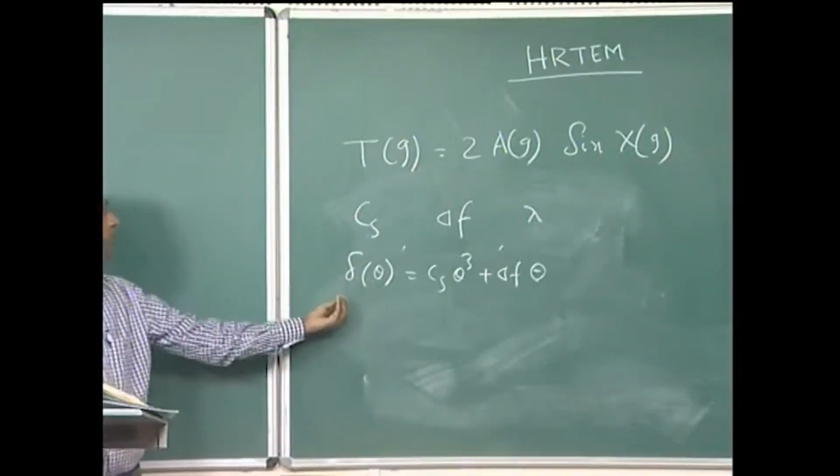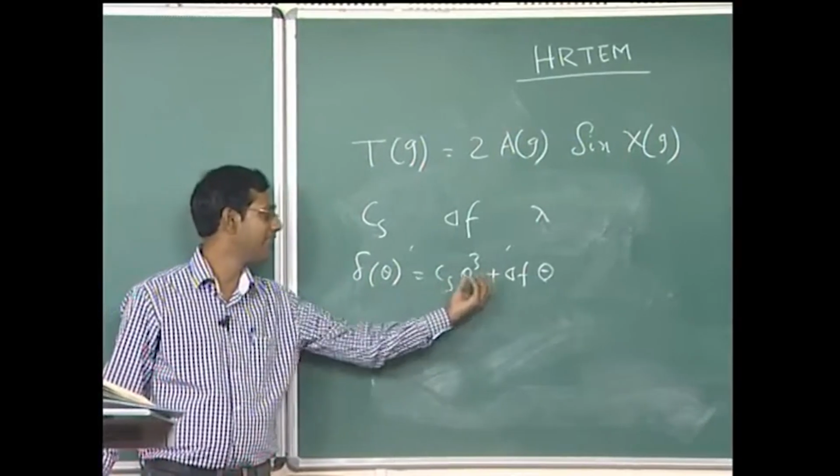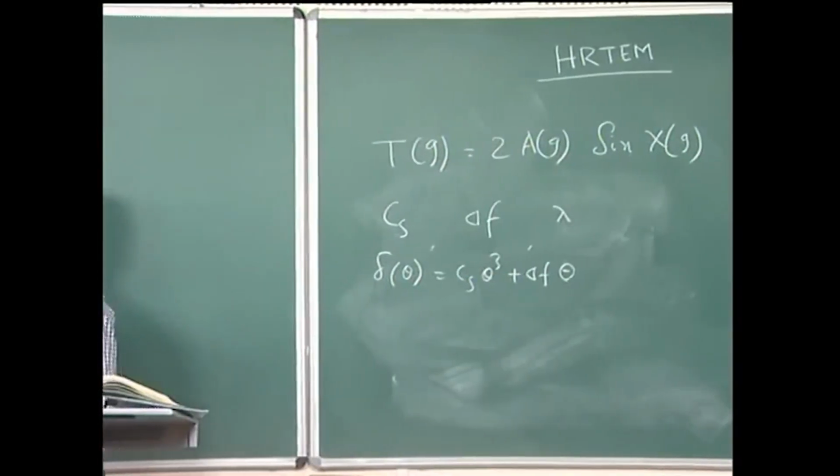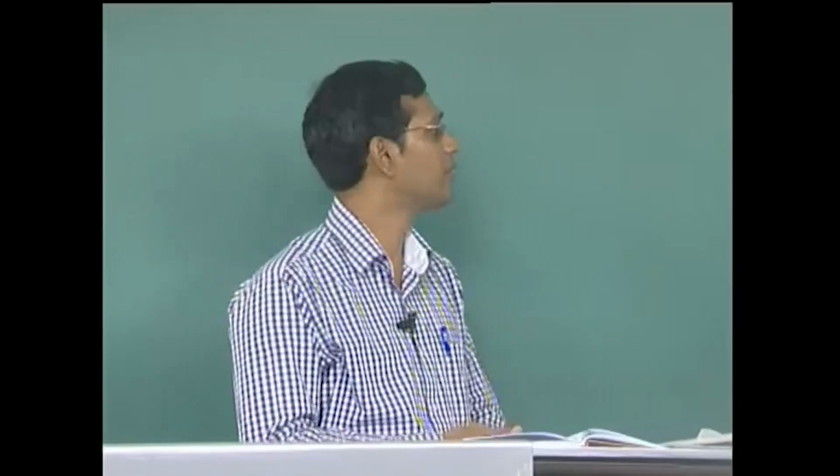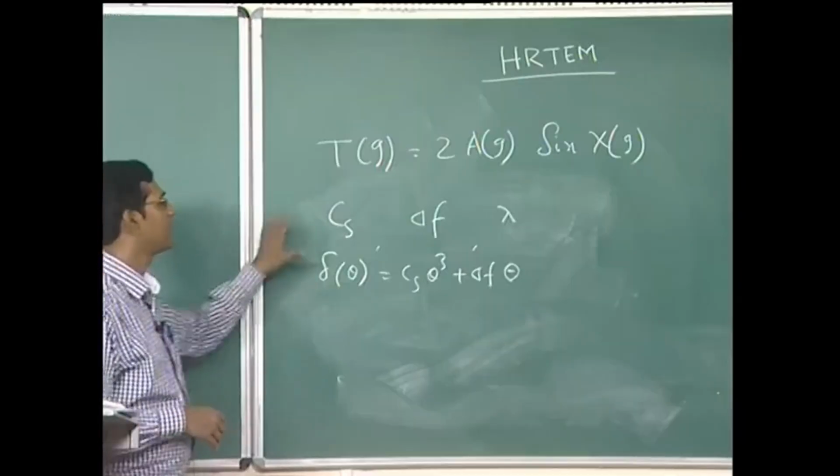If you want the disk to be small, then you want Cs and delta f to be optimized, and that can be done by analyzing the whole problem mathematically, which we will do in the next 10 minutes or so. So, we are discussing the effect of the different parameters on psi z.